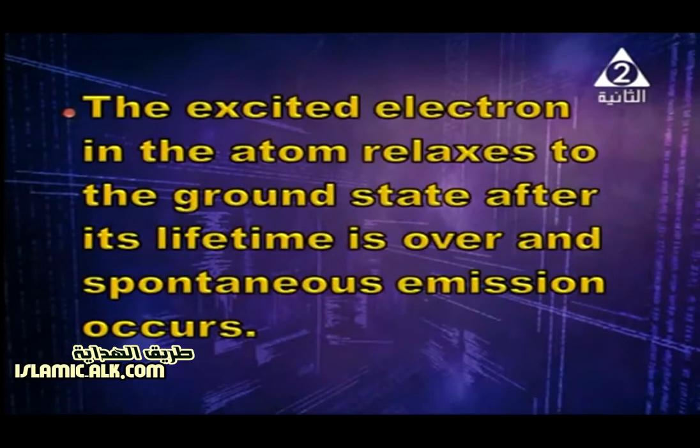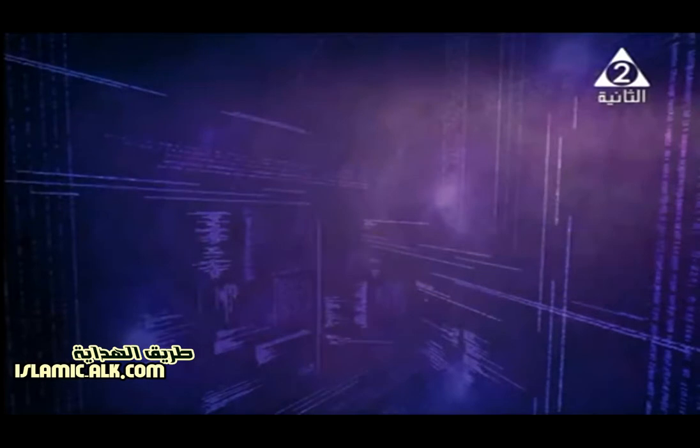Okay, first of all, the excited electron or excited atom relaxes to the ground state after its lifetime is over, and spontaneous emission occurs. This is the first possibility. Also, we've got another possibility.